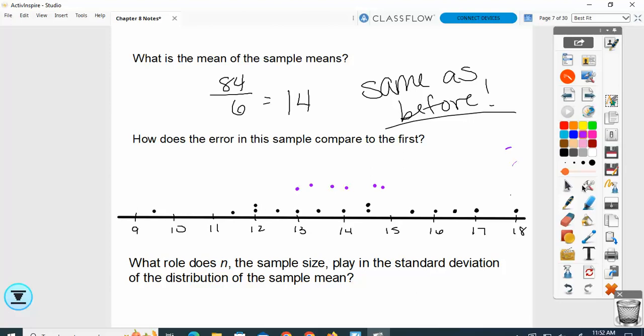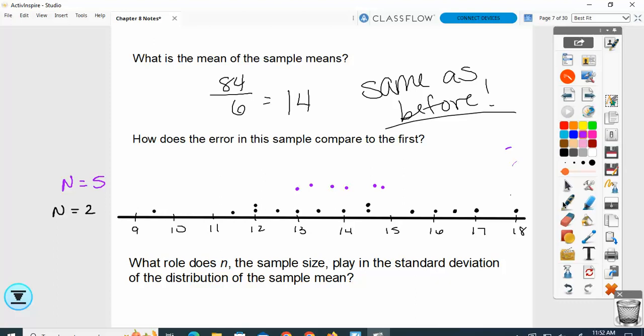Alright, so I'm trying to compare the error. The original, those black ones, are when my N was 2, when we took a sample of 2 pumpkins. My purple ones are when my N was 5. I had a sample of 5 pumpkins.